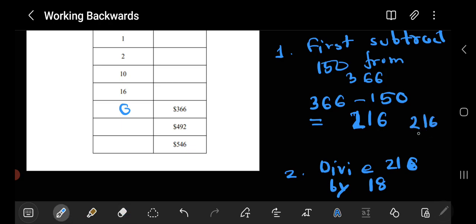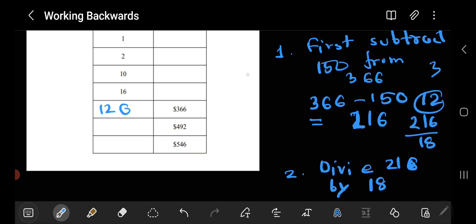So 216 divided by 18, you can use a calculator if you want, but the way you can do this is 18 and 21. That means only one 18 can go into 21. You have 3 left, and then you have 6, so 36. 18 times 2 is 36, so that's 12. So that means 12 smartphones.